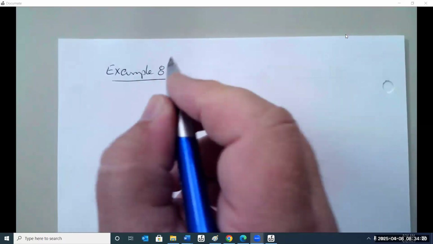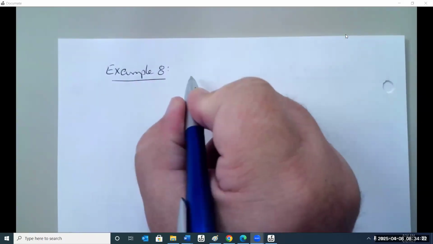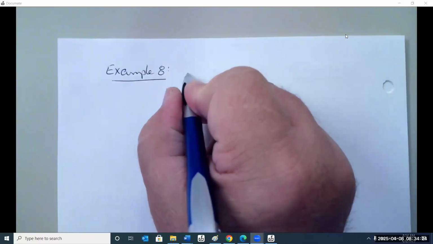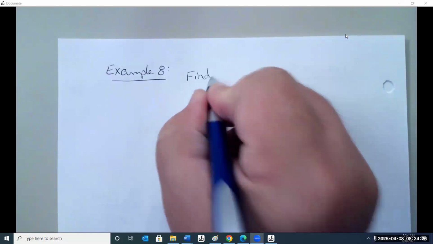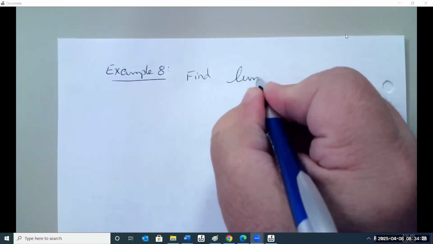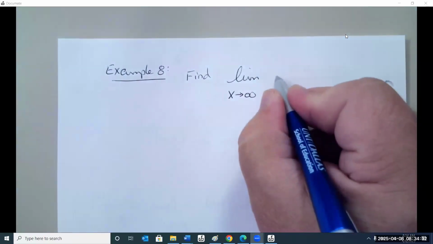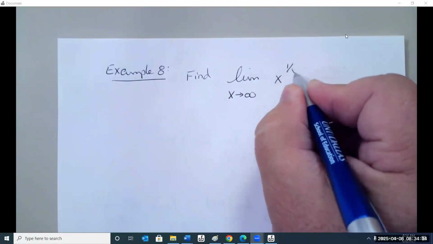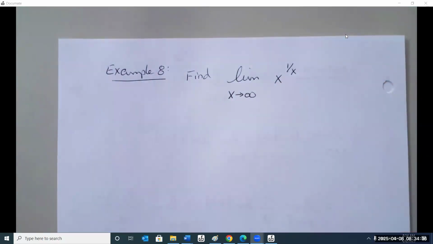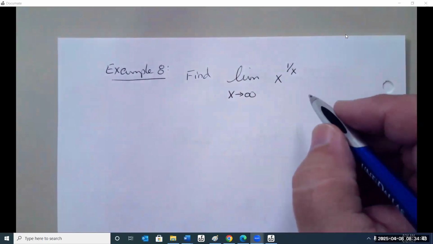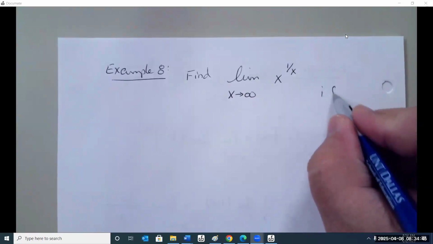Example 8. Find the limit as x approaches infinity of x to the power 1 over x. So what is our f of x in our equation?